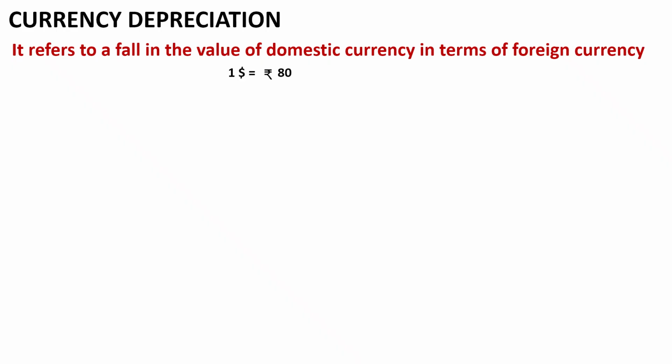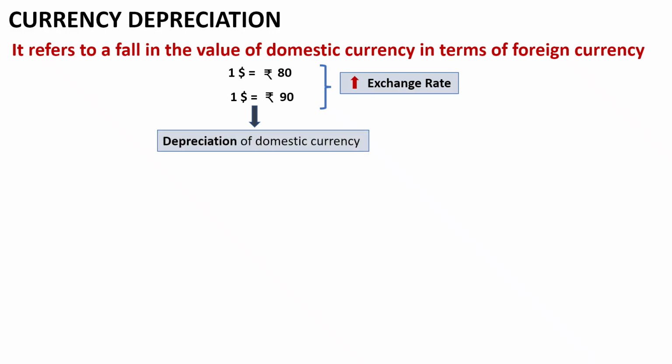Let's take a hypothetical example. Suppose the exchange rate changes from $1 = 80 rupees to $1 = 90 rupees. Now, this is called increase in exchange rate, which leads to depreciation of rupee or depreciation of domestic currency.